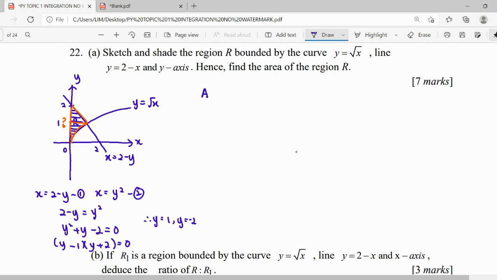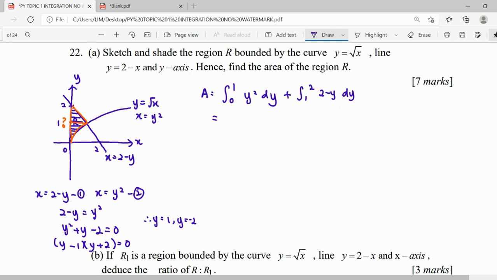For the area we want, we integrate from 0 until 1 for the first function, x equals y squared. Then plus, continuing, from 1 until 2, the other line, x equals 2 minus y, dy.